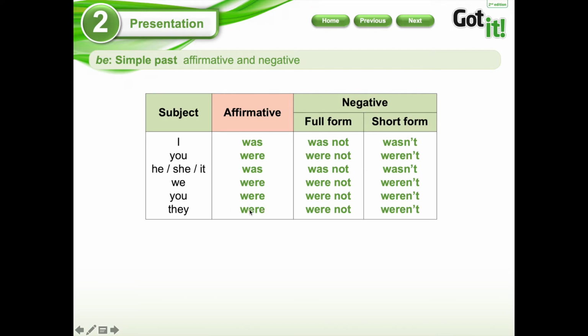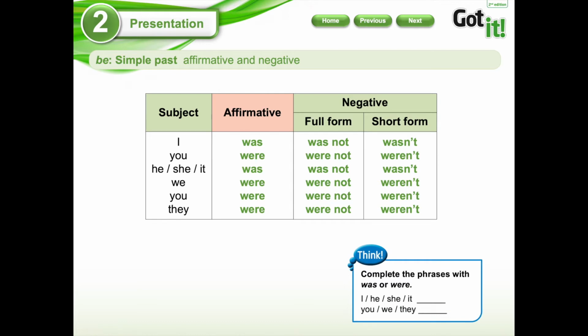Very important that. So we're going to complete this think box, and it says complete the phrases with was or were. As I said before, the singular subjects I, he, she, it, you're going to use the word was. And with the plural ones, you're going to use were, okay?